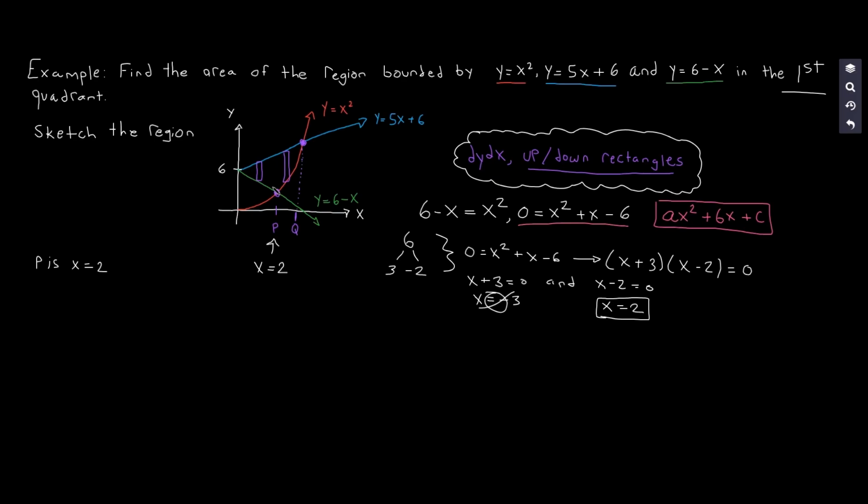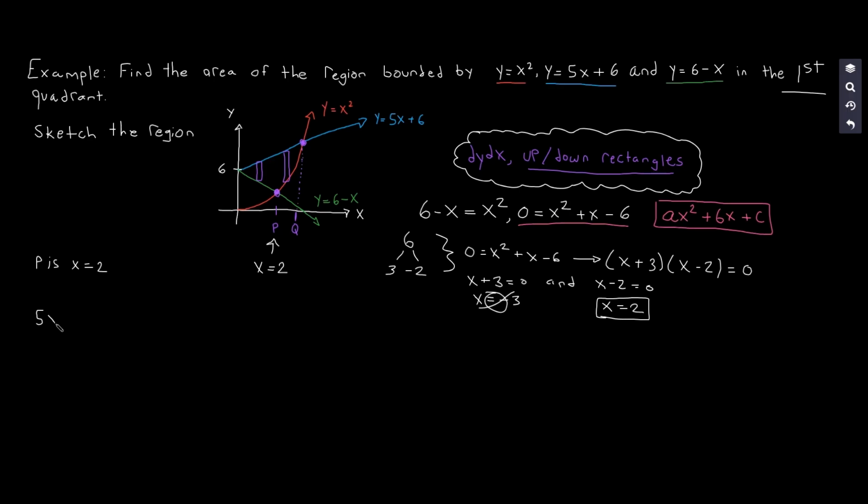And so Q is where the red line, x squared, intersects with the blue line, 5x plus 6. That's where the region ends. So we'll set them equal to one another, and we'll launch an investigation here and try to figure out what Q is. So let's set them equal to one another.